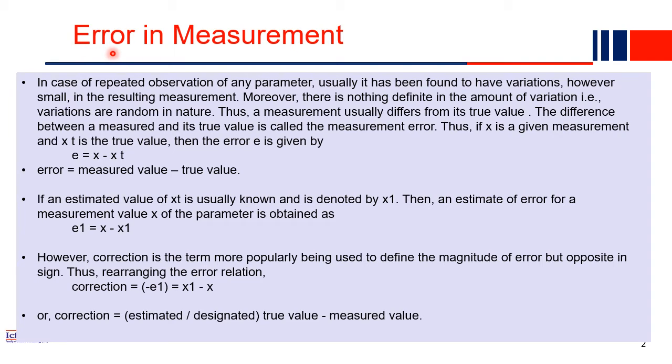In surveying, we have to take a lot of measurements, which means it will introduce a lot of errors. So in this lecture we'll be focusing on how errors are incorporated in surveying, how we can overcome or quantify the errors, and what the different types of errors are. All these things we'll be discussing in detail.